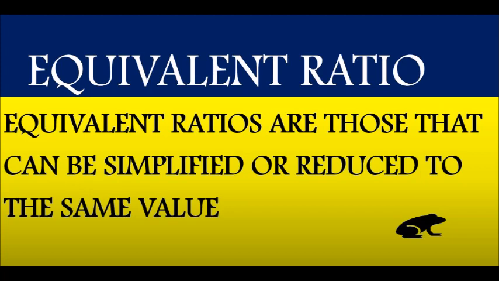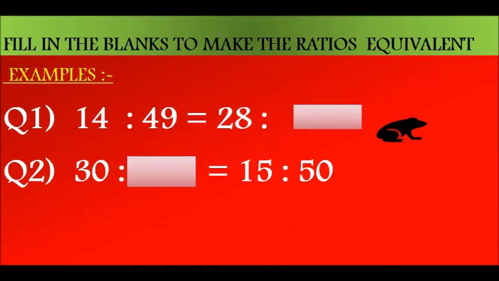Now I have a set of questions for you children, and let's have a look at the question here. Alright, fill in the blanks to make the ratios equivalent. The first figure that you see is 14 ratio 49 equals 28 ratio what?